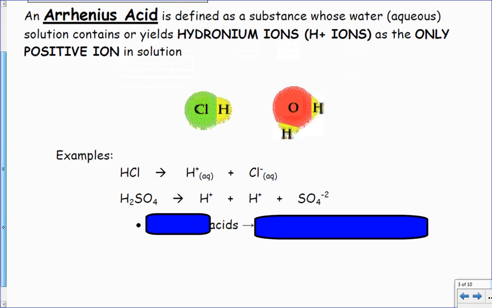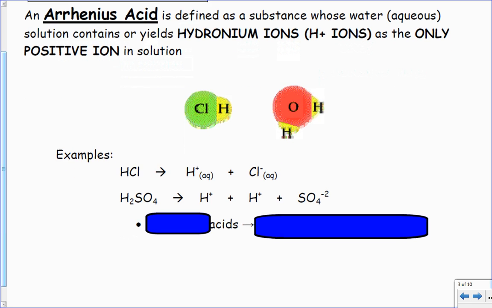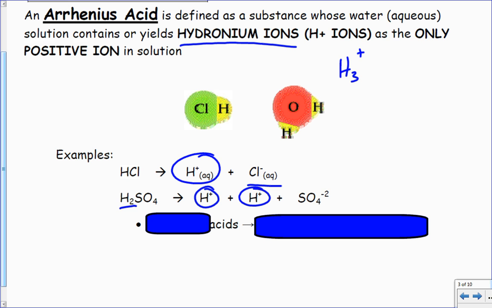If I have HCl, I go to H plus ion and Cl minus ion. It's that H plus that we call hydronium. We're actually going to see that hydronium is really H3O plus, and we'll get into that in a second too. And you'll see why they're synonymous. They're actually equal.